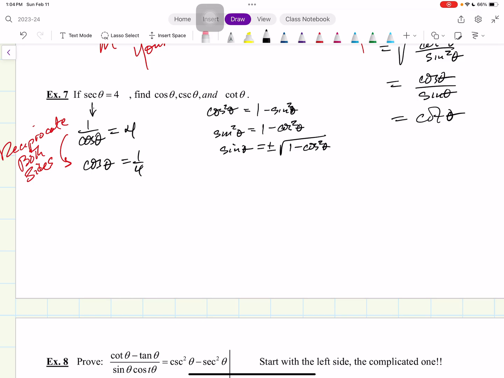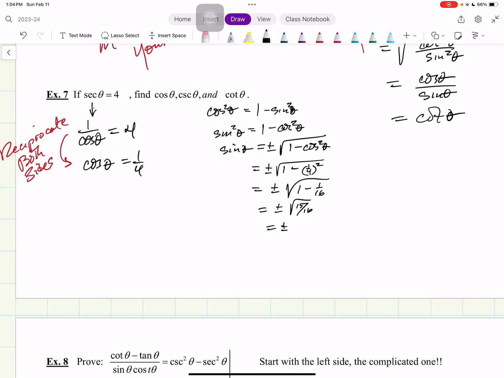So in that case, you get plus or minus the square root of 1 minus 1/4 squared. So plus or minus, that's 1 minus 1/16, that's 15/16. So plus or minus the square root of 15/16.